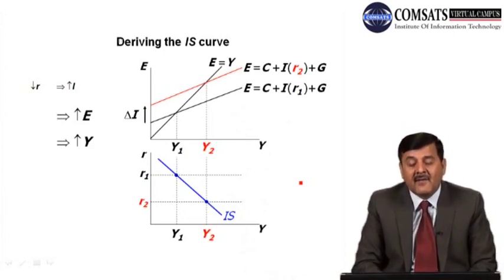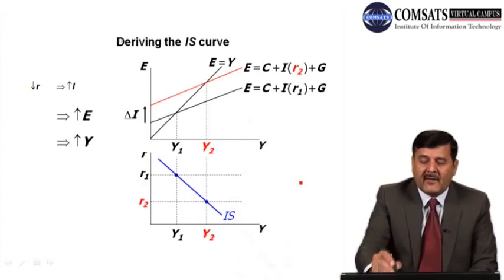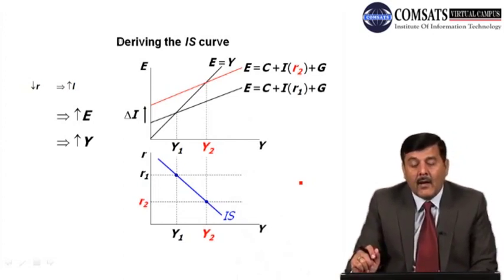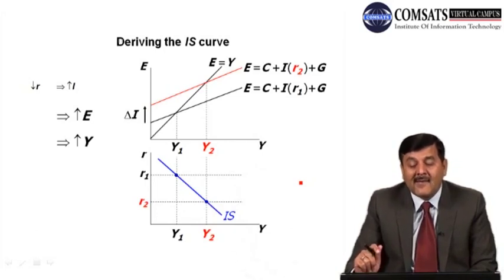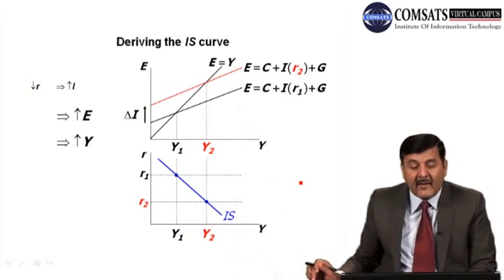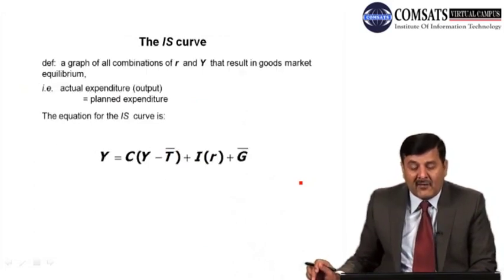Now how do we derive this curve? If you look at graph A, on the y-axis we are measuring expenditure, on the x-axis we are measuring income. We have an income line, E is equal to Y, and we have an expenditure line, E is equal to C plus I(R1) plus G. Now if you go back to the equation, T bar is constant, G bar is constant, and the only variable that can adjust and bring the economy to equilibrium is the interest rate.